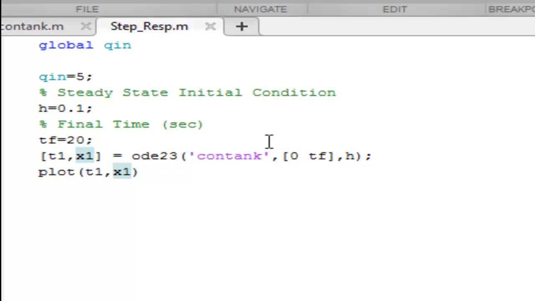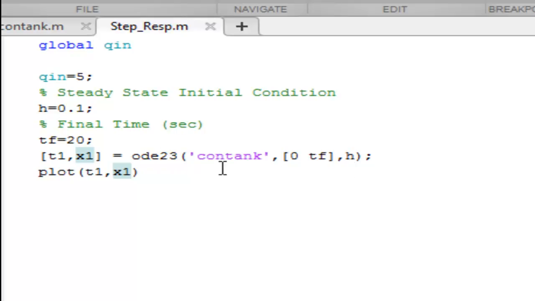And final time, the simulation time span, is 20 seconds as per the problem statement. Using this initialization, we are going to call this system function using ODE23. The syntax is ODE23, the function name where you have your system equations, the time span for which you are going to simulate the system, and the initial values for the process variables.